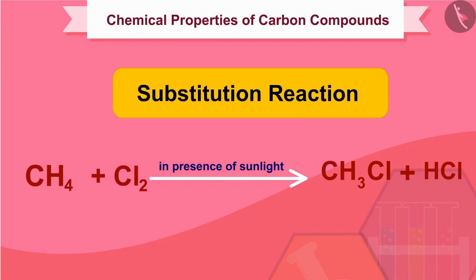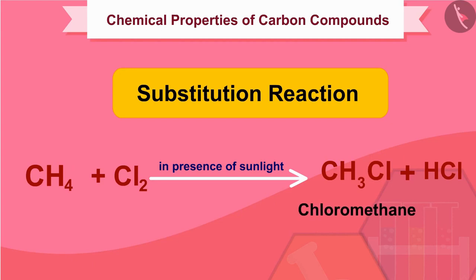another. A number of products are usually formed with the higher homologues of alkanes. In this given reaction, only one hydrogen atom of methane has been replaced by chlorine atom and we get chloromethane.